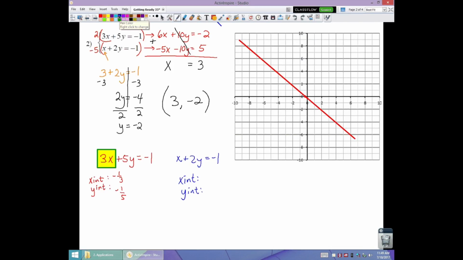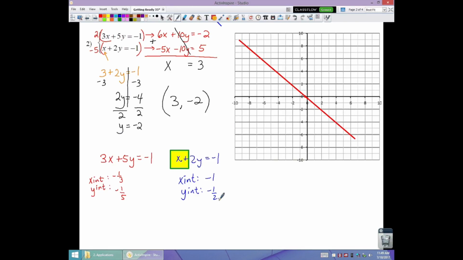So in the blue line here, for my x-intercept, I'm ignoring the y term, so x is equal to negative 1. And for the y-intercept, I'm ignoring the x's and solving 2y equals negative 1, which gives me a y-intercept of negative 1/2.